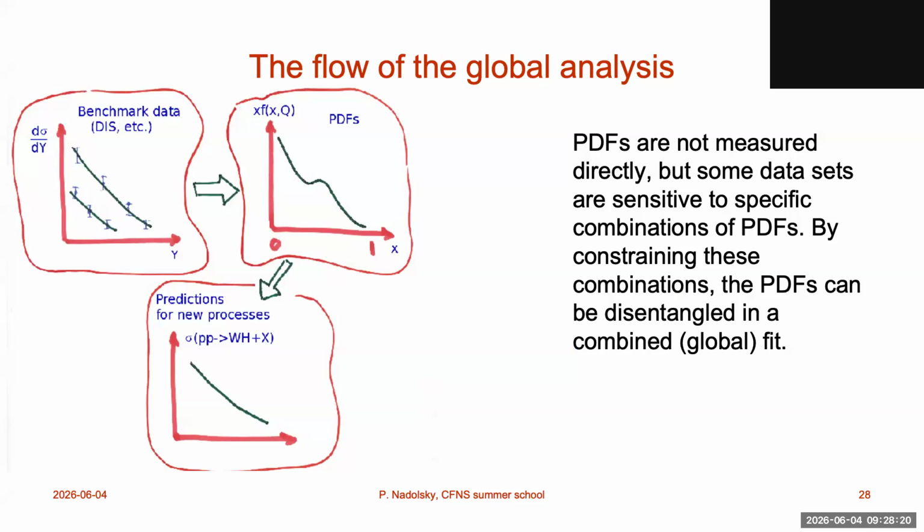And then you need to get very good theoretical predictions for this data. And then you fit the PDFs to this data. You find some shapes, and then you make predictions for new processes, okay? And once you understand these new processes quite well, you put them back into the global analysis, and you repeat this cycle, right? In the hope that the cycle will converge at some point to some very precise predictions.